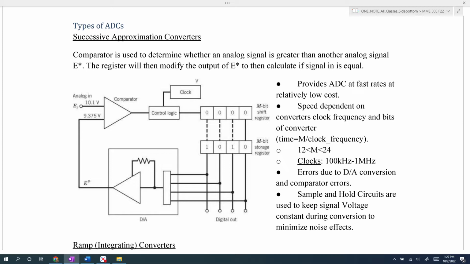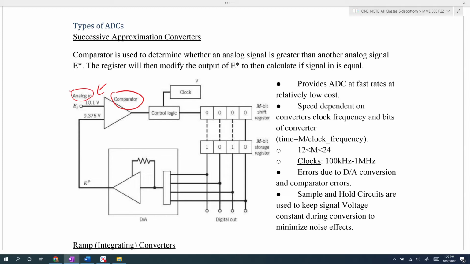The first type of analog to digital converter that we're going to talk about is a successive approximation converter. The basics of this is that the device has something called a comparator, which determines whether a signal is above or below your input signal.